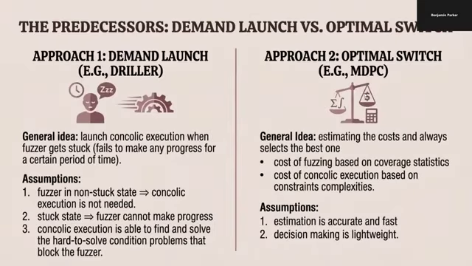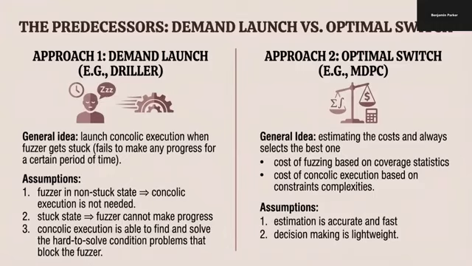Here's the first approach. A demand launch, as seen in previous research in a system like Driller. The general idea is to launch concolic execution for when the fuzzer gets stuck.